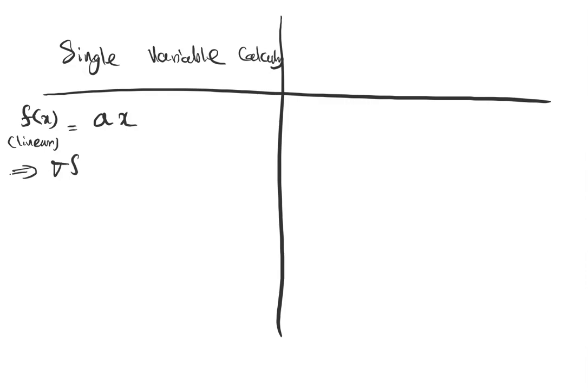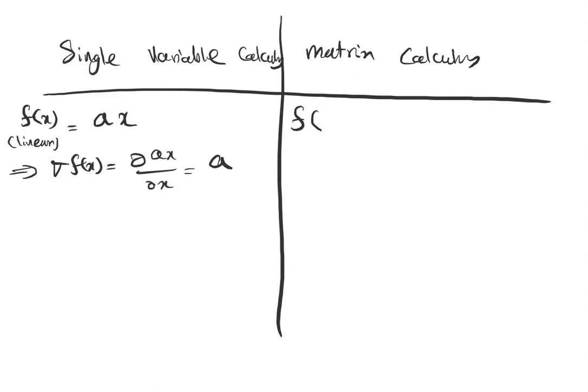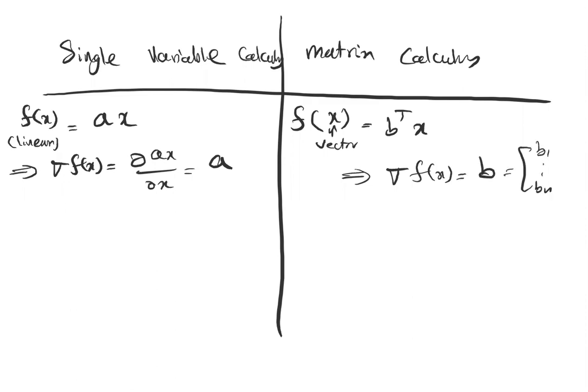And hence, gradient of f of x is derivative with respect to x, which is equal to a. In the matrix calculus, we have f of x, where x is a vector, equal to b transpose x, and gradient of f of x is b, which is b1 to bn.